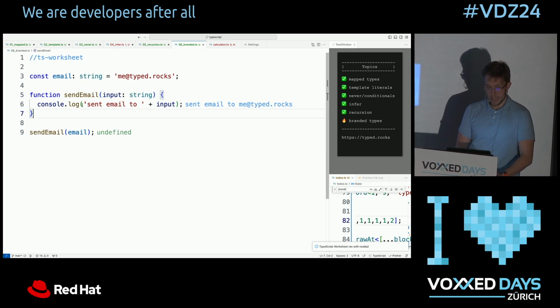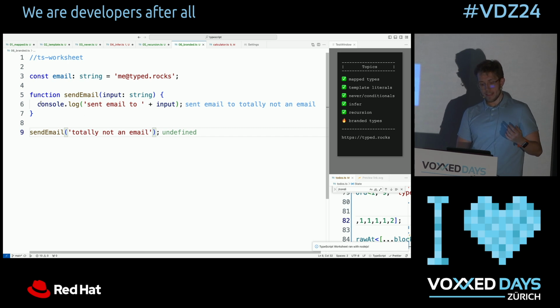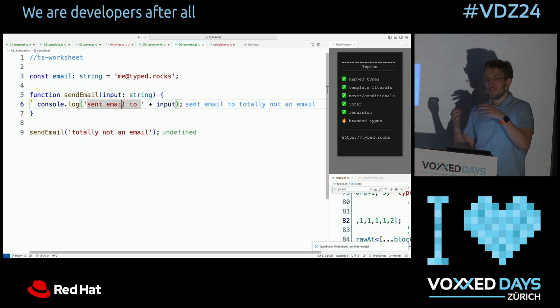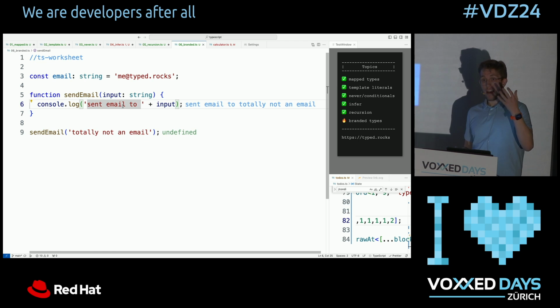So the problem is that I could also call this with something that's totally not an email. I could check this in sendEmail, right? But I don't want sendEmail to have to check every time whether this is really a valid email. I want to do this outside and be sure that when I call this function, it's a valid email.